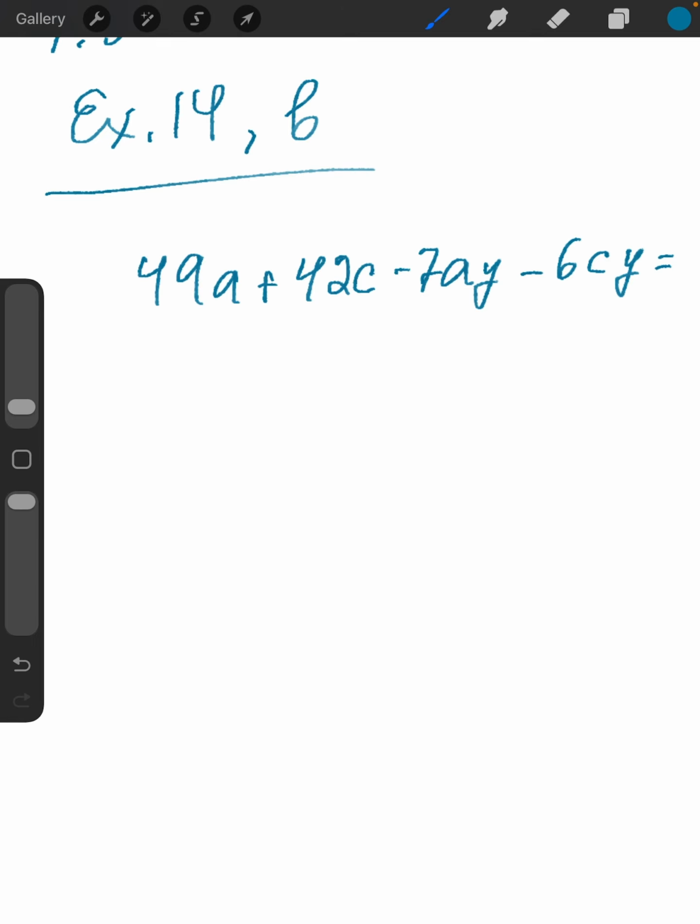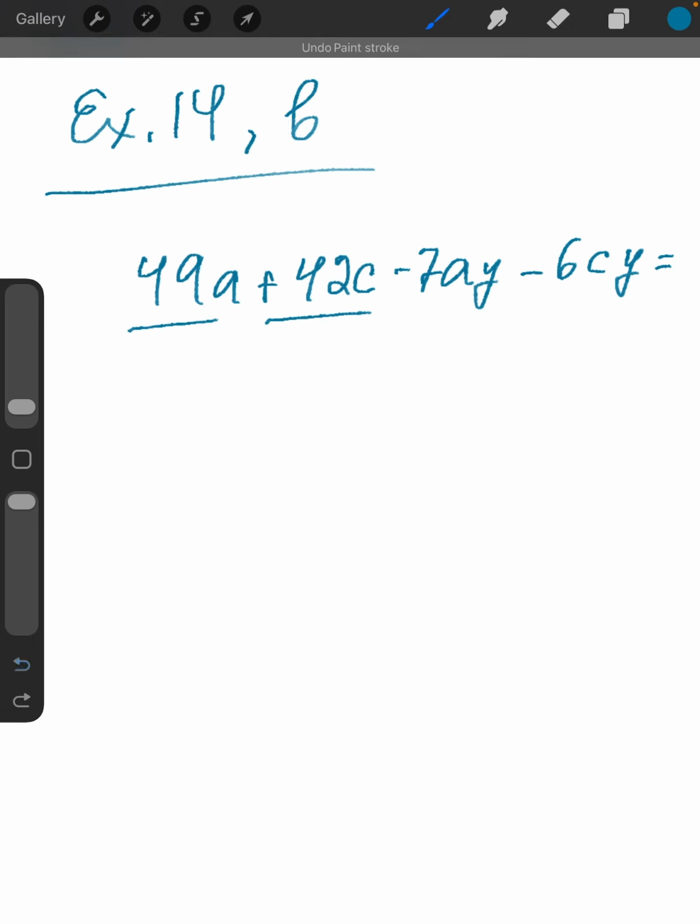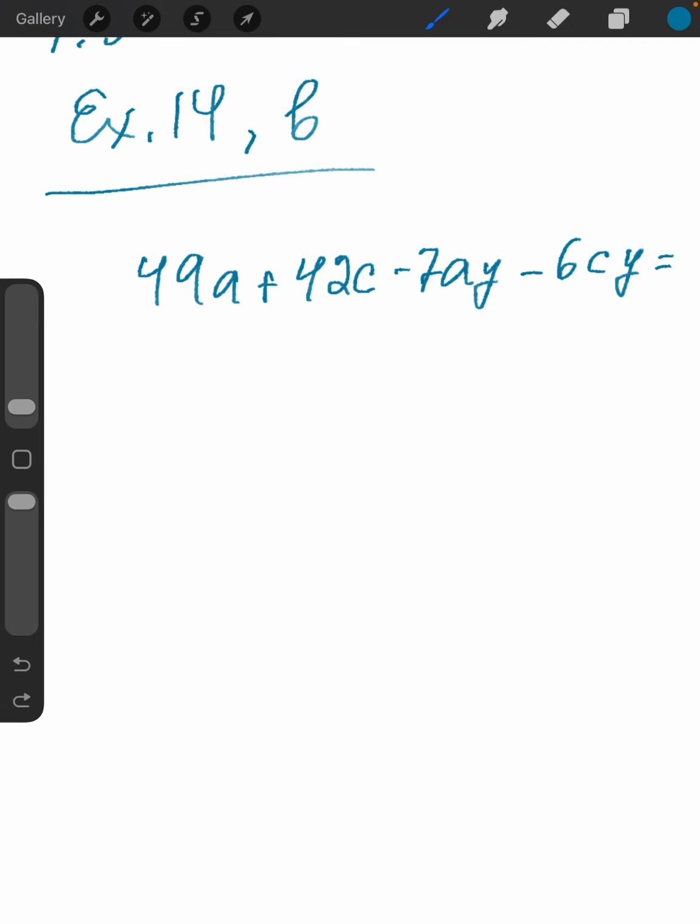So here, usually we're looking for a common factor to take outside the parentheses, but in this expression, not all of the numbers have a common factor, like 6 and 49 do not have common factors together outside of 1, right? So what we have to do in these cases is we will factor things out in steps.